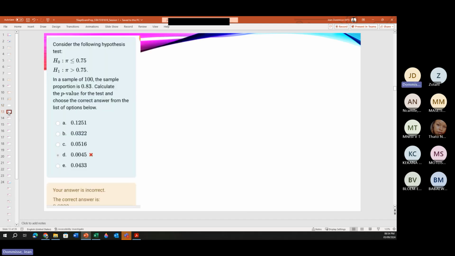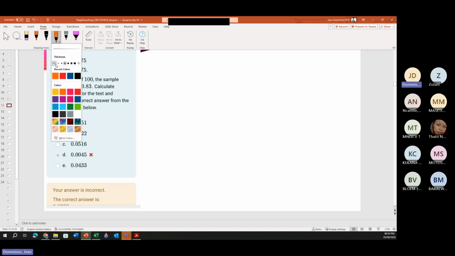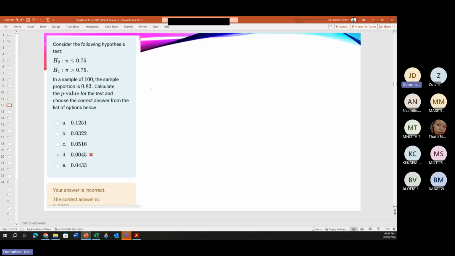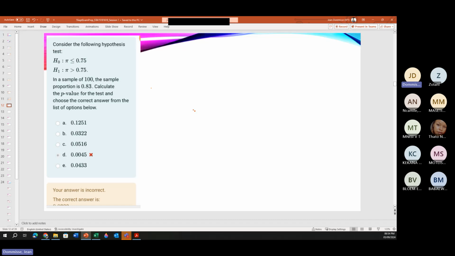Okay, so let's look at another one like that. Consider the following hypothesis. This was still to do with assignment 4. So hypothesis testing.